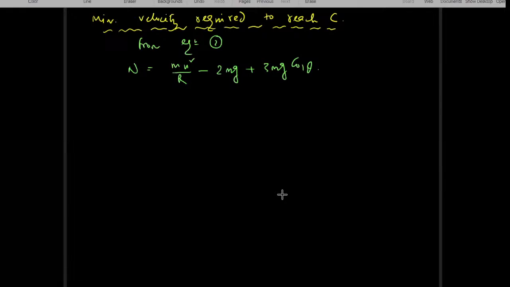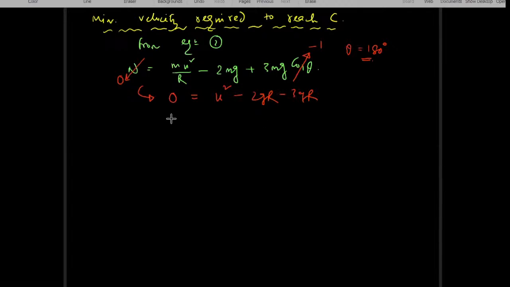So now what I have to do is make normal reaction 0. And to reach C, what should be the value of theta? 180 degree. This is -1, then cos theta is -1. So what is the equation turning up to be? 0 is equal to u square minus, multiplying by r, 2gr minus 3gr. We got our result, no?